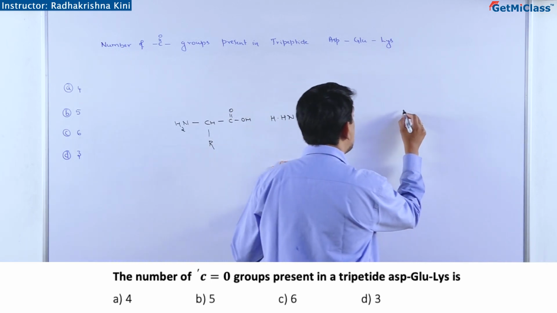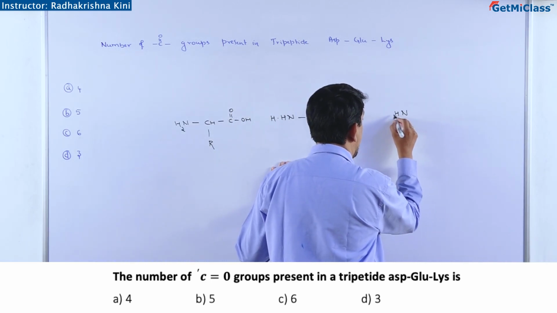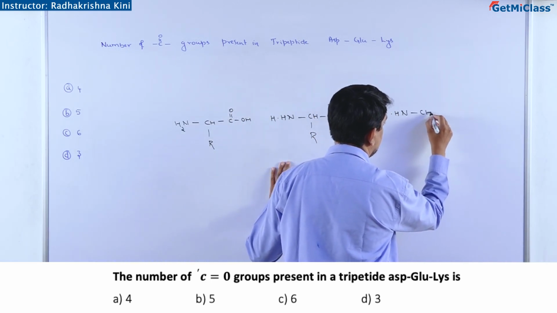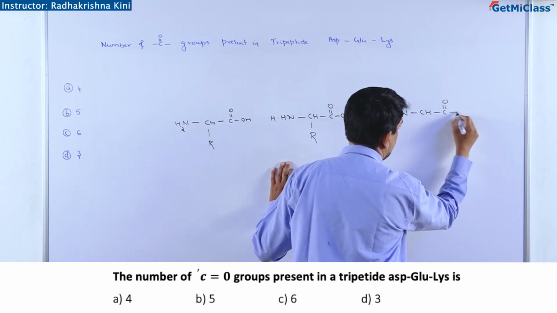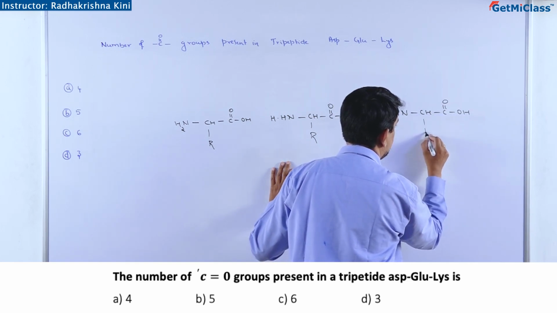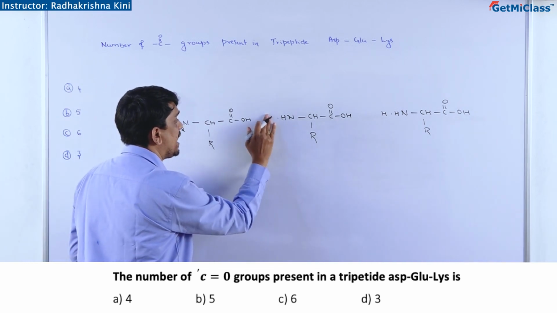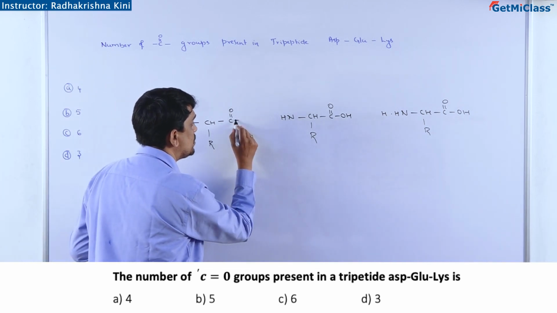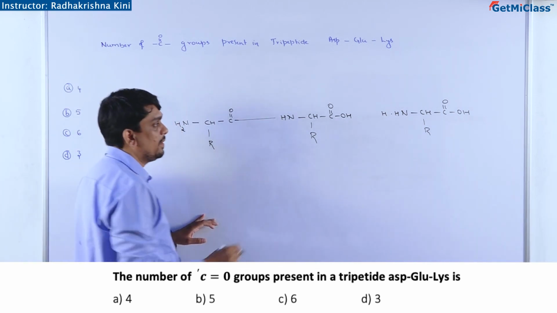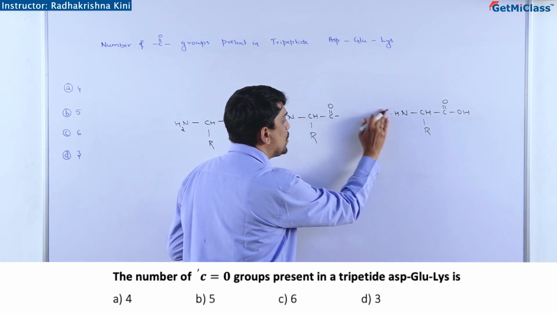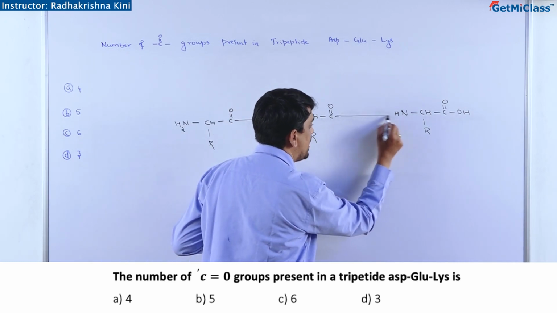Once again I am writing amino acid. Everyone knows this: H and OH go out as water, so there is an amide bond. OH and H go out as water, there is a peptide bond.